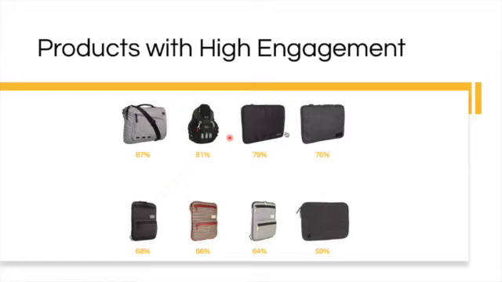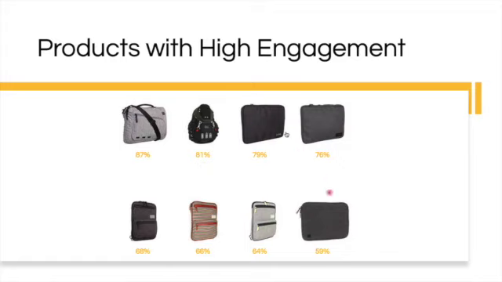Since we identified the North Star metric, how do we action that? Basically we can look at it by product and engagement. Here you can see, people who visited this product, 87% looked at 4 or more products, and people who landed on this product, 81% looked at 4 or more products.